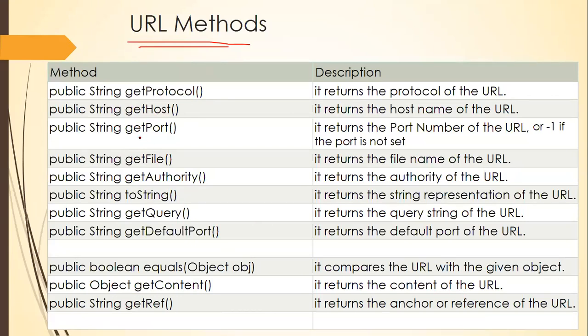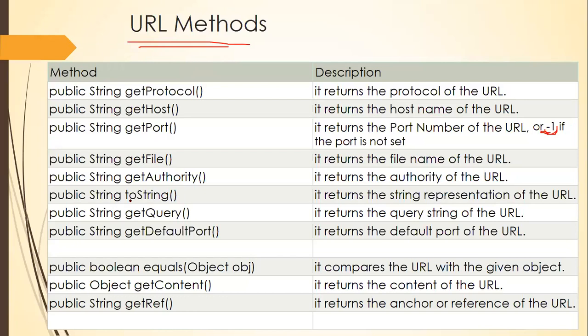You will have getPort, which will give you the port number. In case the port number is not set, you will get an output of -1. Then you will have getFile to return the file name. You will have getAuthority to return the URL authority name.